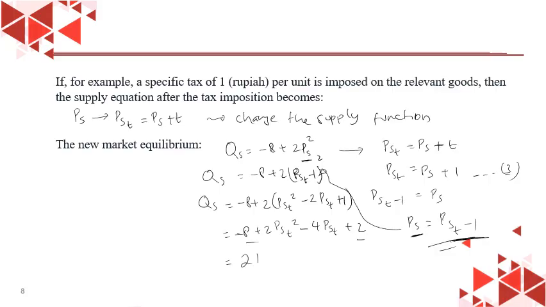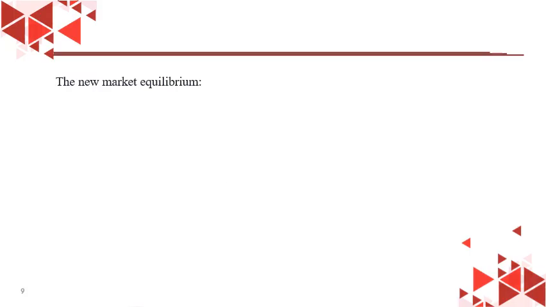I arrange that to this format: 2 PST quadrat, minus 4 PST, and minus 8 plus 2 is minus 6. Now this will be our fourth equation. So QST equal with 2 PST quadrat minus 4 PST minus 6.